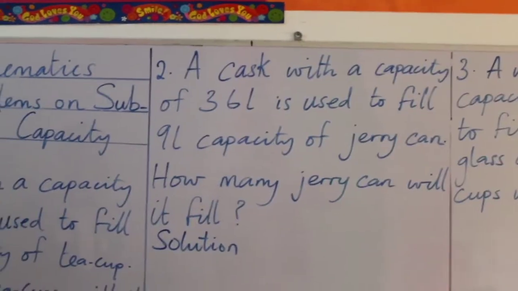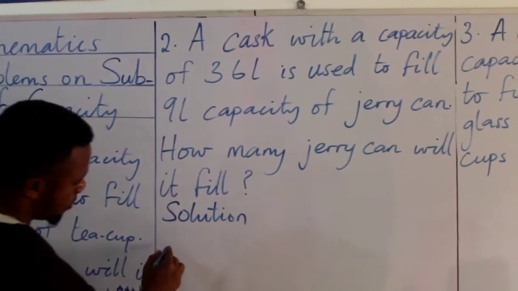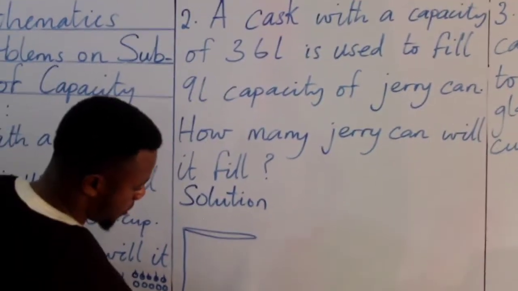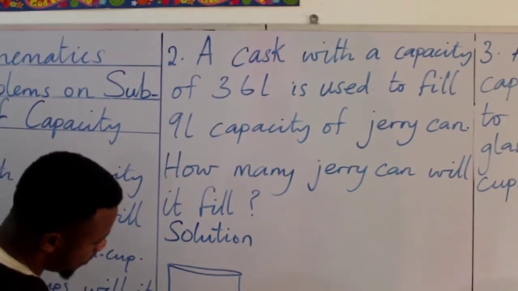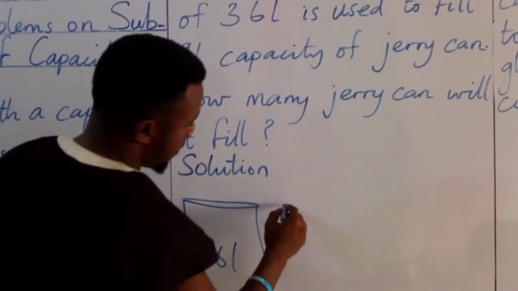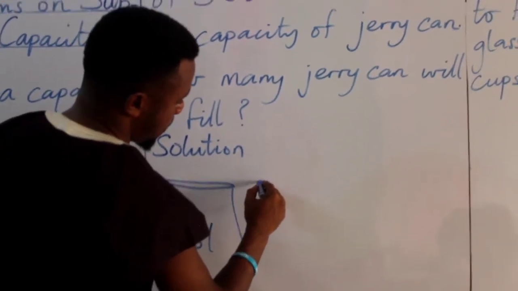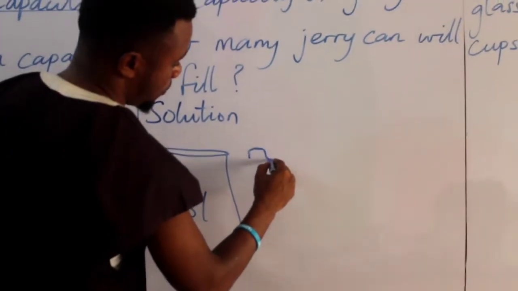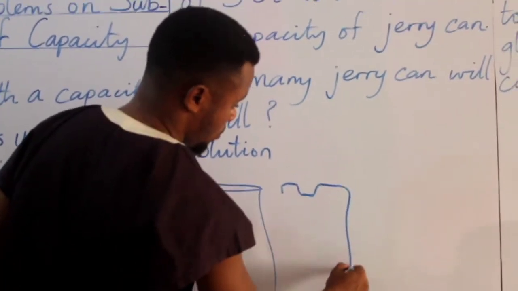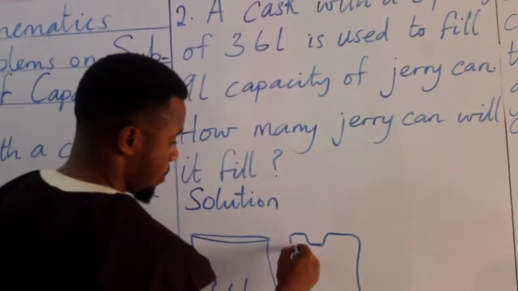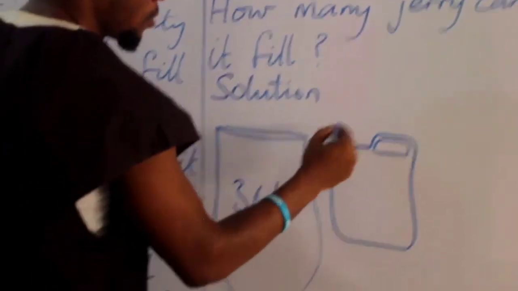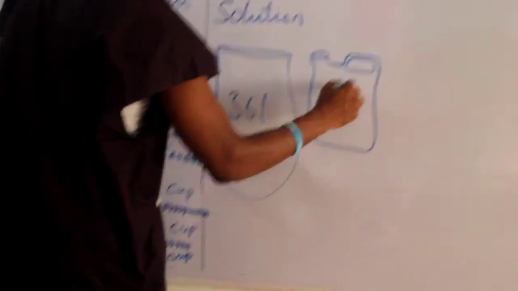Now we have, let's see, these are cask of what? 36 liters, and these are what? Jerry can. Of 9 liters.